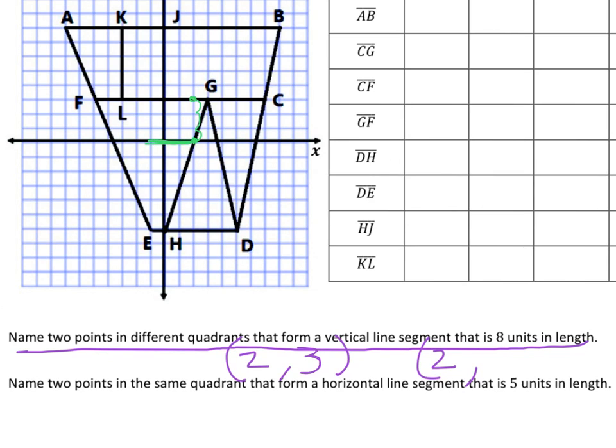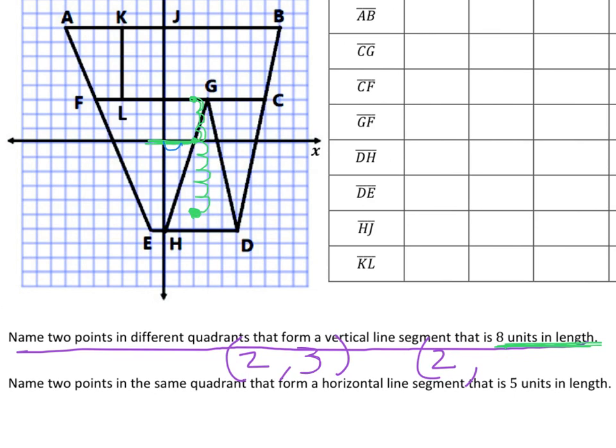So I'm going down. I'm starting up at this 1, 2, 3, and I got 1, 2, 3, 4, 5, 6, 7, 8. And the reason why I'm counting down 8 is because I have to have 8 units in length.